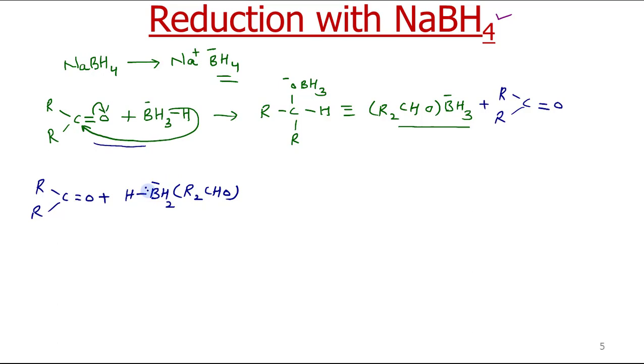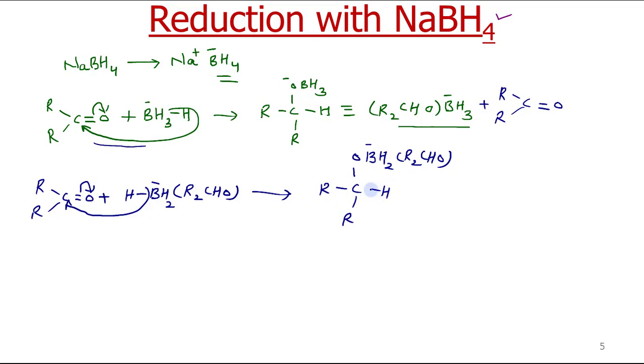Now this will react here, it will go here, so boron will attach here, and the product will be R C R H O BH2 negative with R2CHO.